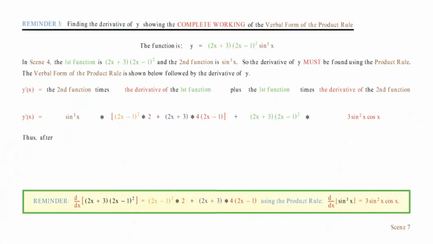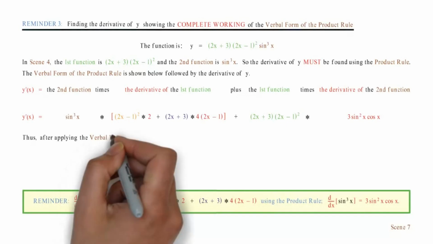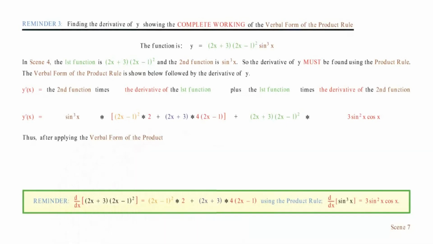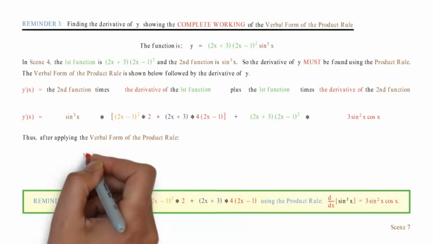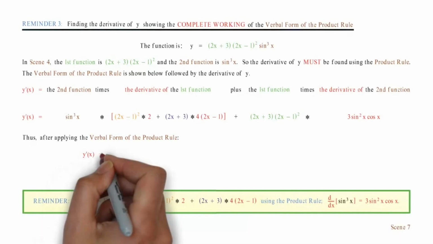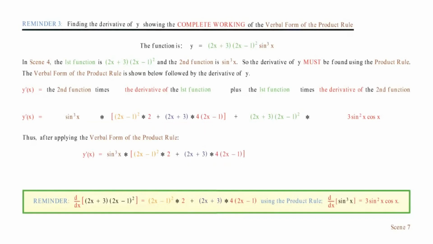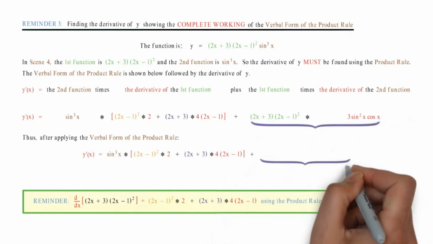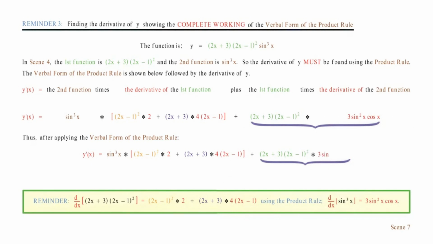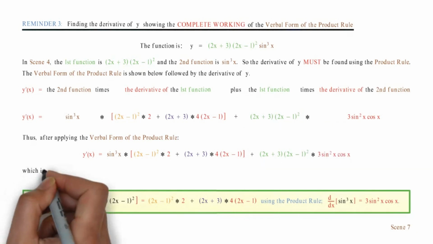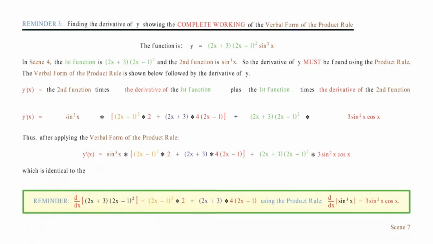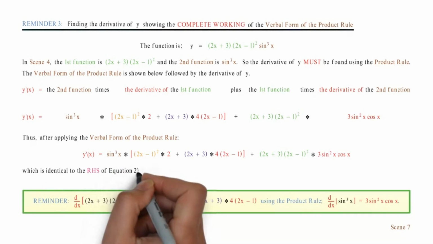Thus, after applying the verbal form of the product rule, y dash of x equals, bring down, which is identical to the right-hand side of equation 2.